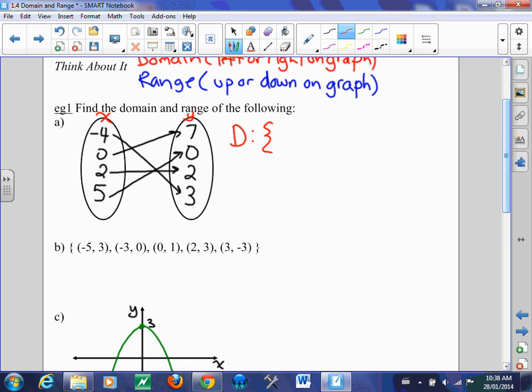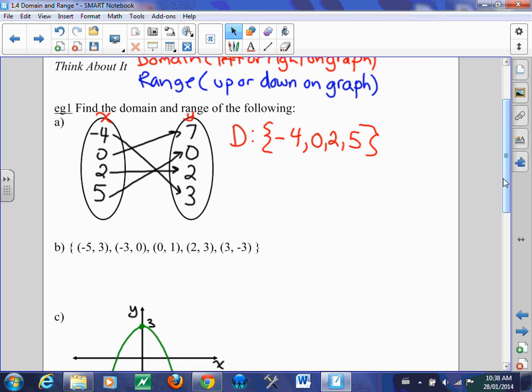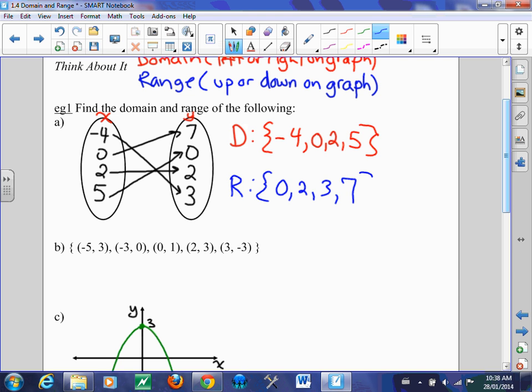So domain equals a set of values, and you put them in numerical order. So the smallest one is -4, 0, 2, and 5. Because that's dealing with your x, right? Whereas when we do range, ladies and gentlemen, your range is a set of values in your y column and go in numerical order. So 0, 2, 3, 7.